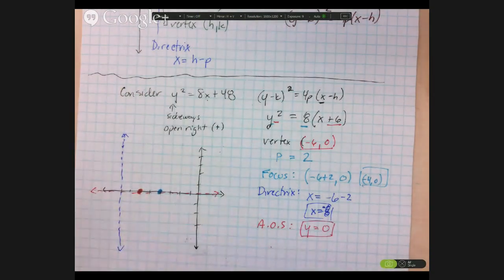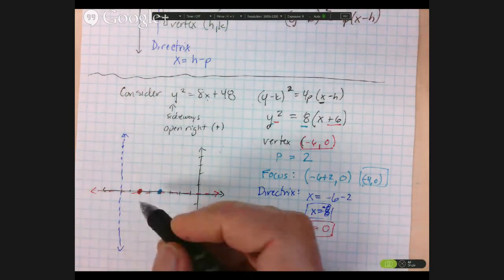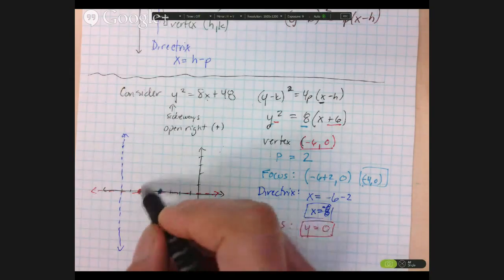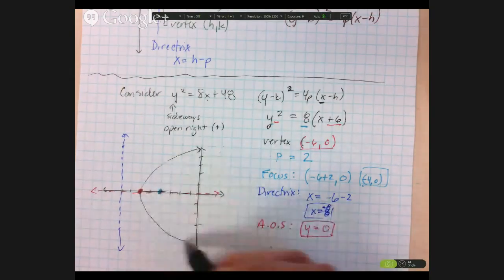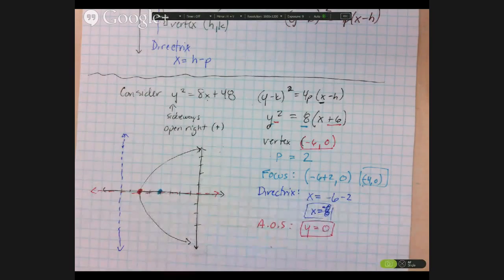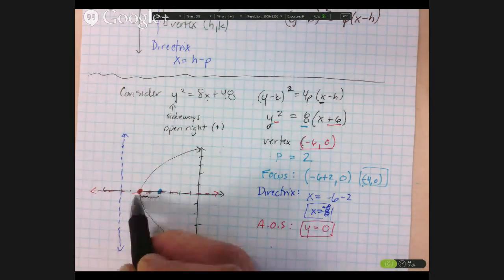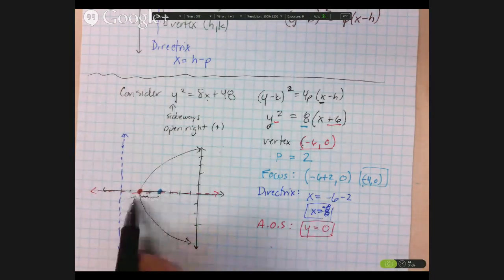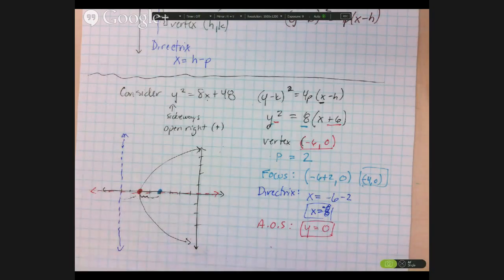And now you can sketch it. The p value just tells you this distance here and here, +2 and -2. Okay, all right. Think you can handle that?